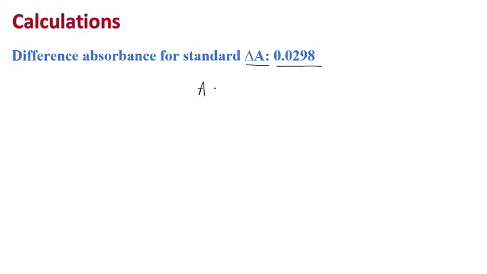You know what is Beer-Lambert's law? Absorbance is equal to the absorptivity into path length into concentration. Now in this case we have a delta A, so the absorptivity we can refer to as delta small a into b into c. Now delta A we know, we can substitute those values. 0.0298 is equal to delta a, which we need to find out, that is the absorptivity.